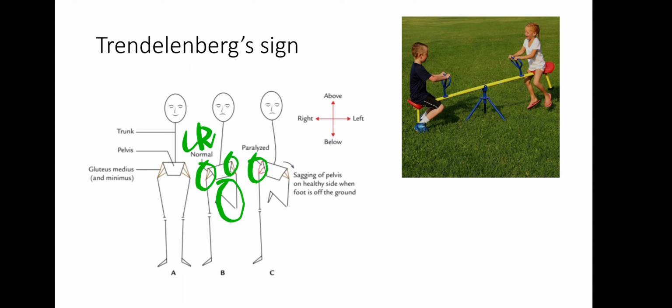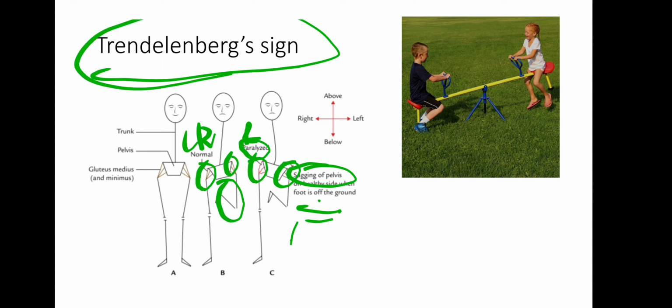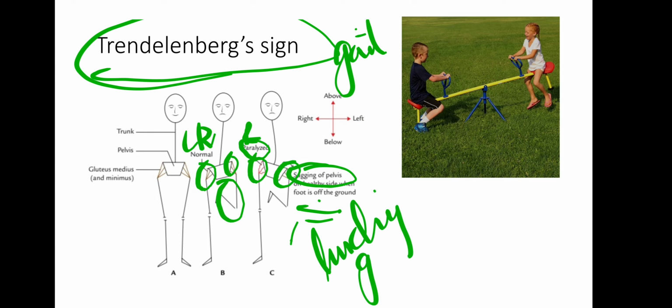If the right side gluteus medius and minimus is paralyzed, then when the left leg is off the ground, it will not be able to support this side, resulting in sagging of the pelvis on this side. The sign is called the Trendelenburg sign, and the gait is called Trendelenburg's gait, or the lurching gait.